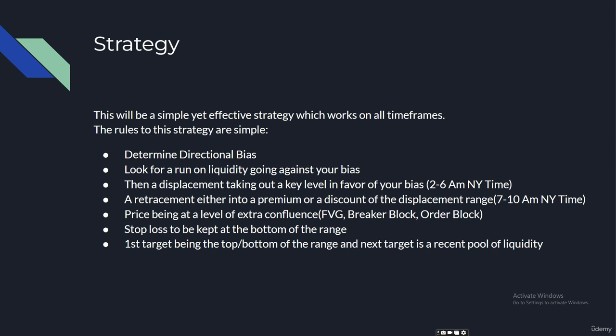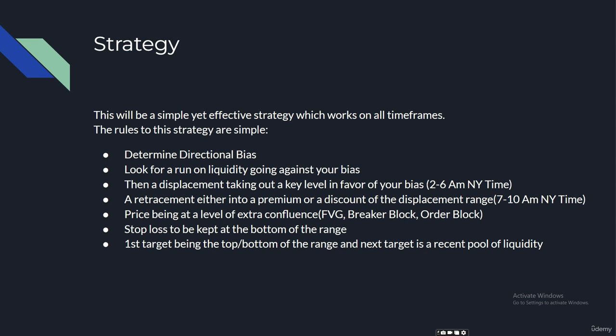Secondly, you'd want to see a run on liquidity going against your bias. Same thing, let's say you have a bullish bias. You would want to see price take out short-term sell-side liquidity first before actually creating the setup. After price takes out the sell side liquidity, you're going to expect to see a displacement taking out a key level in favor of your bias.